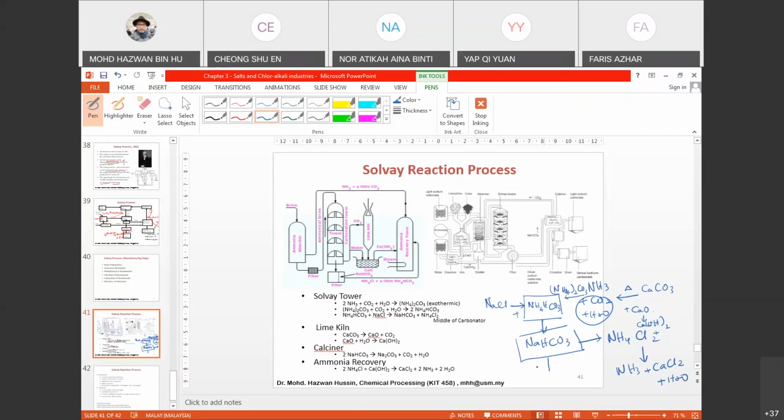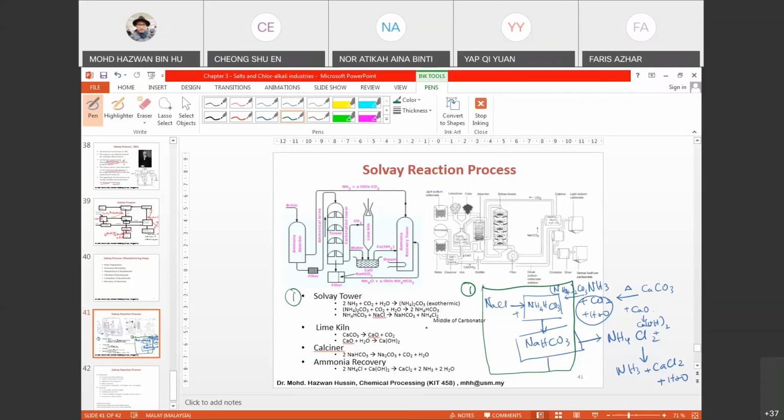Okay. Right. So this is the reaction that occurs in the Solvay tower, number 1.